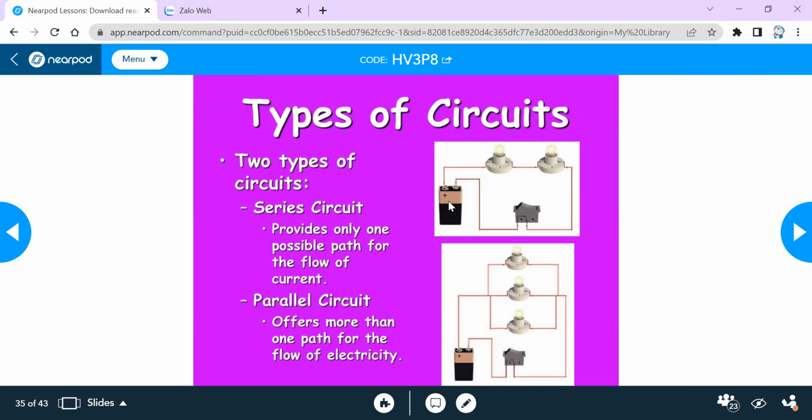Like it or not, the current has to travel in one direction only, one path only. Whereas for a parallel circuit, they can choose any way they want to go, as long as it's one direction back to the battery. So a parallel circuit offers more than one path for the flow of electricity.